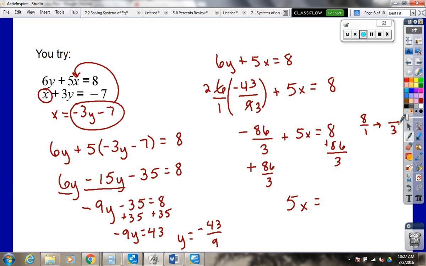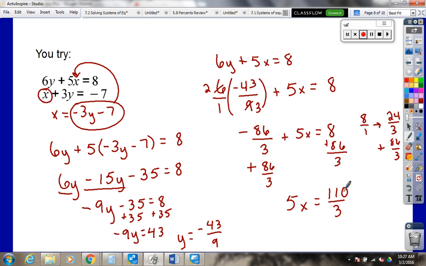Multiply 8 by 3. 24, because 24 divided by 3 is 8, so that's the same as 8. Plus 86 thirds. What's 24 plus 86? It's 110.